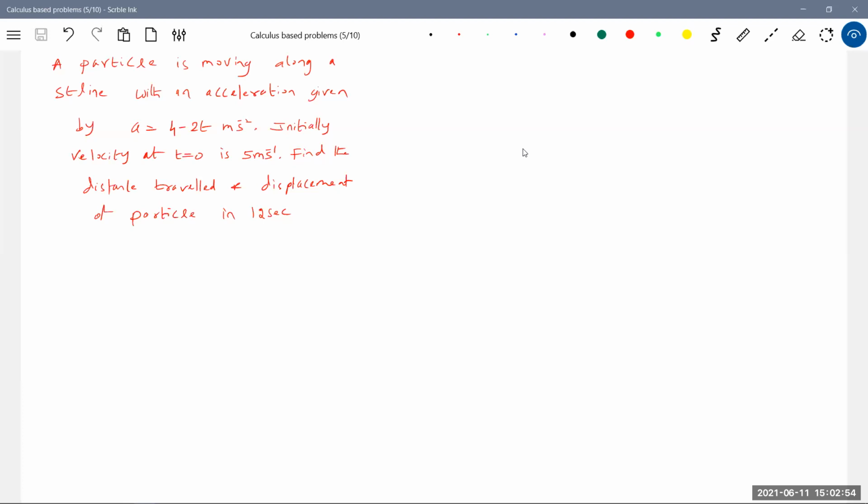We'll write: initially, at t equals 0, the initial velocity is 5 meters per second, and it is at the origin. We will add up this condition.